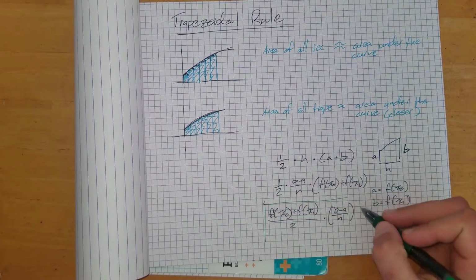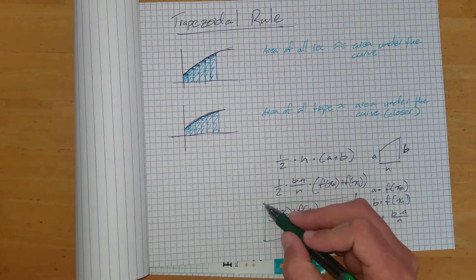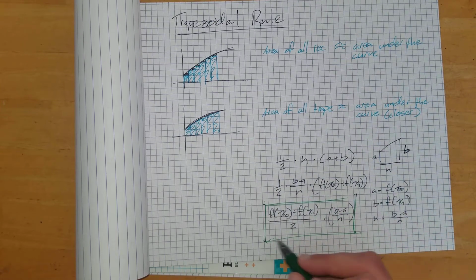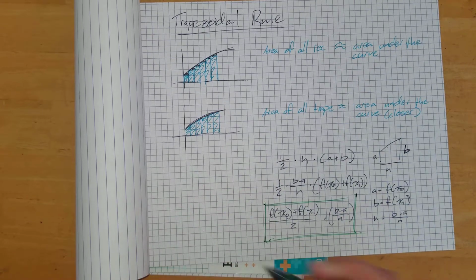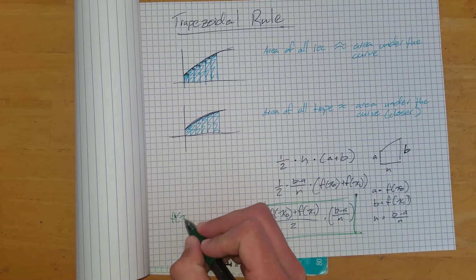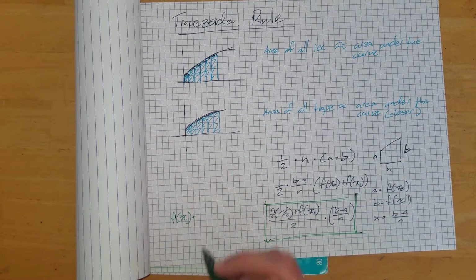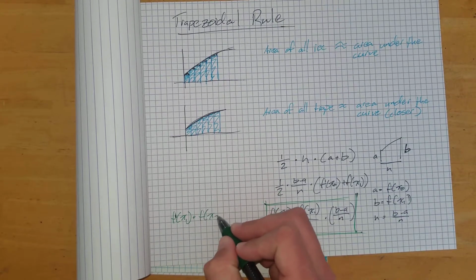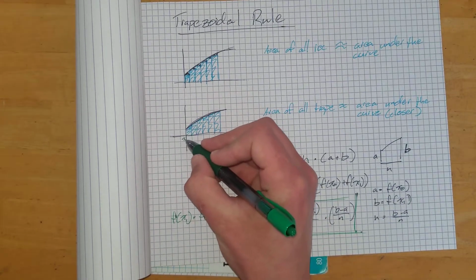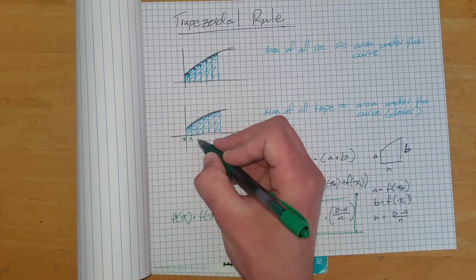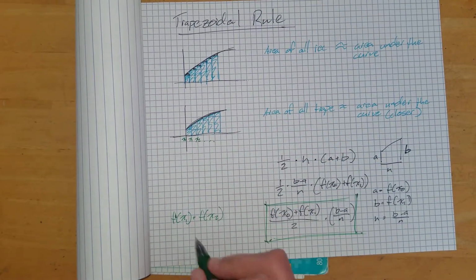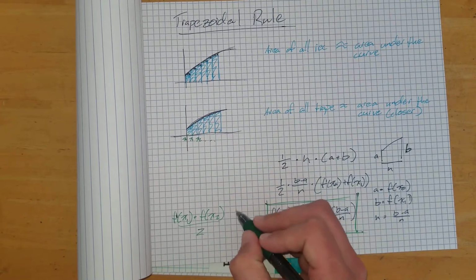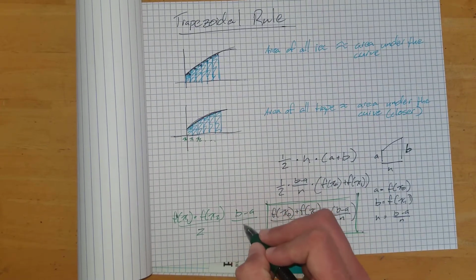And so this is the area for this first trapezoid, right? The area of our next trapezoid is going to be f x1 plus f x2. So this is x naught here, x1, x2, so on and so forth, divided by 2 times b minus a over n.